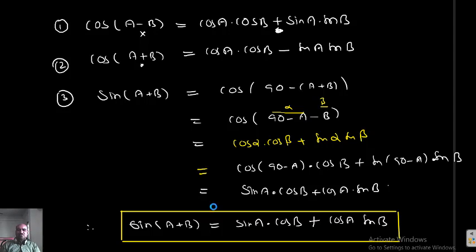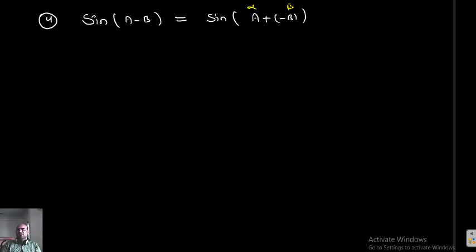Next result, the fourth result: sin of (a minus b) can be written as sin of (a plus of minus b). Think that this is just like sin of (alpha plus beta).